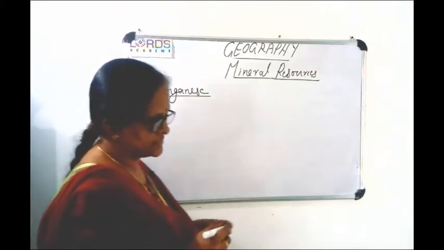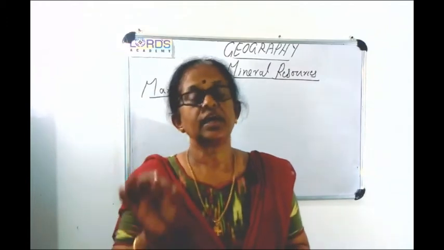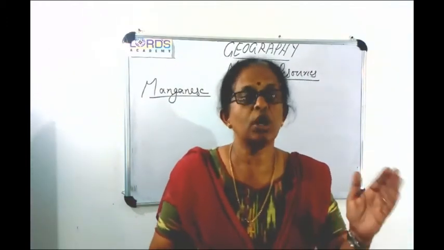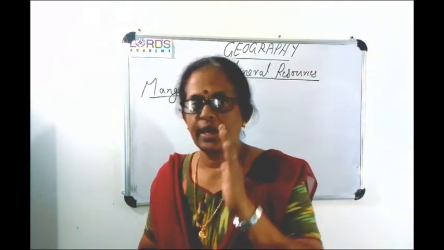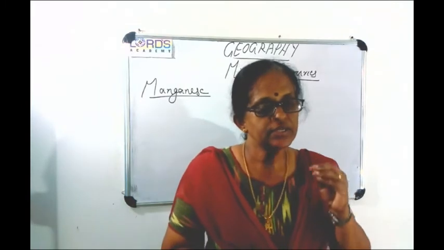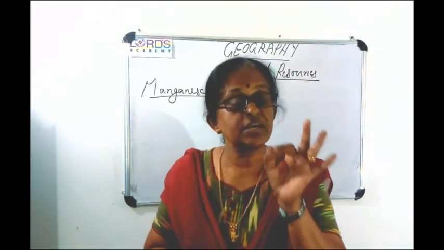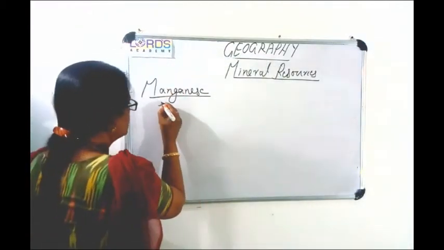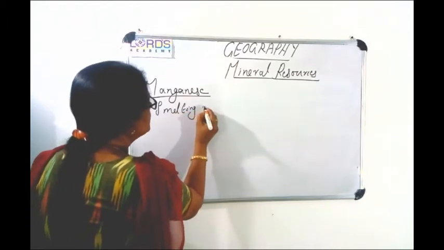Manganese is a black, hard, iron-like metal which occurs in natural oxide form. Clear? And it is an important raw material for smelting iron ore.